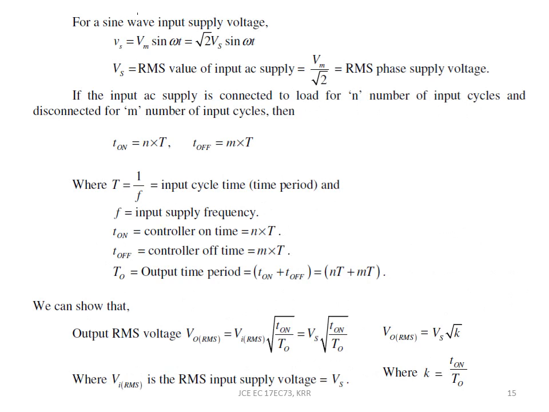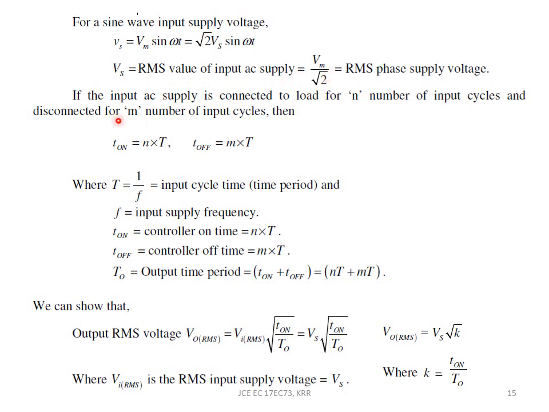Now let us look at this. So we have the input supply given as Vm sin omega t, where Vm can be written as root 2 Vs, so v = root 2 Vs sin omega t, where Vs is the RMS of the input AC supply, which is equal to Vm by root 2.